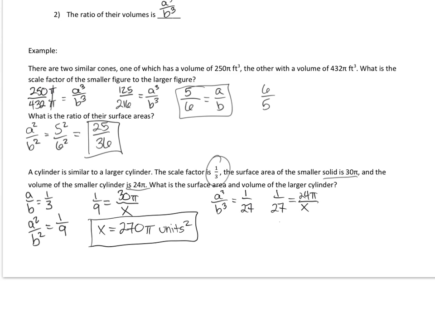So I'm going to cross multiply. I get that x equals, and I'm just going to type 24 times 27 here in my calculator to get 648 pi units cubed as the volume of my larger solid.